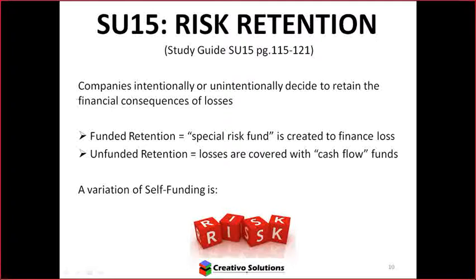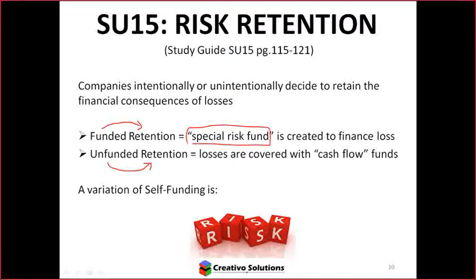Then you've got two different types of retention: funded and unfunded retention. Funded is where there's a special risk fund. Notice we're not looking at transfer. Remember that diagram? We're transferring risk or retaining risk. Here, have we got risk in the business?